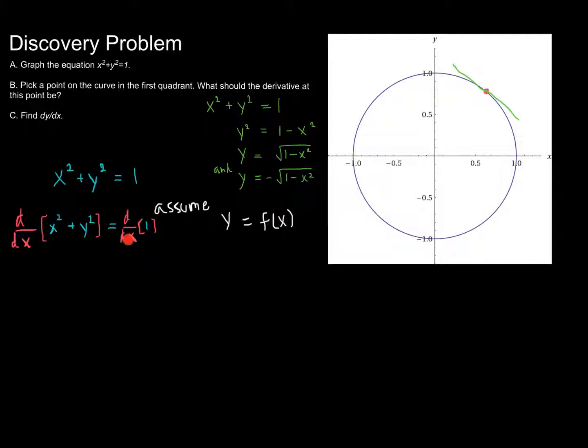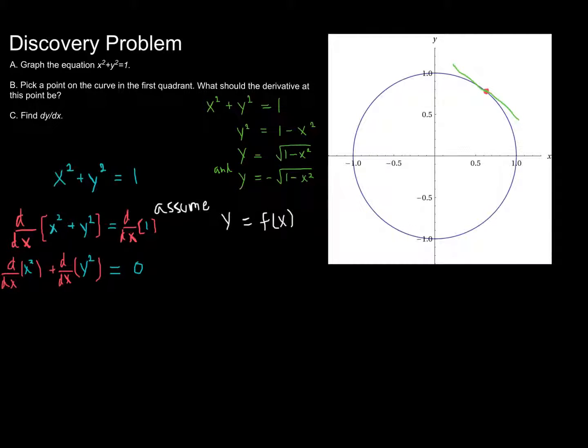The derivative of 1 with respect to x, the derivative of any constant with respect to x, is 0 because this value 1 doesn't depend on x. This equals 0. And the left side, I can use the sum rule. The derivative of a sum is the sum of the derivatives. So this left side will be the derivative with respect to x of x squared plus the derivative with respect to x of y squared.